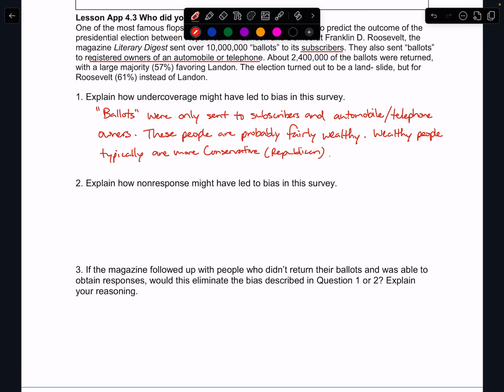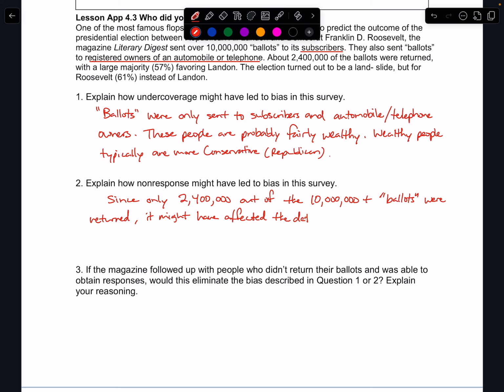And so in this case, since only 2,400,000 out of the 10 million plus surveys were returned, or ballots, we should say, ballots were returned, it might have affected the data since only those with strong opinions would respond.